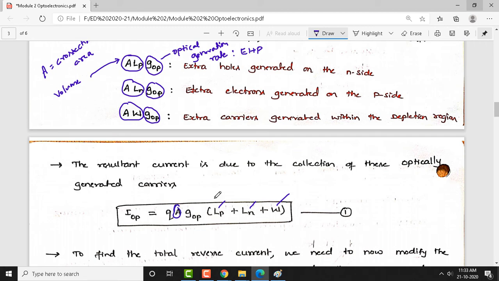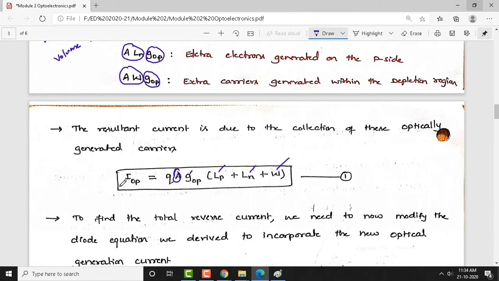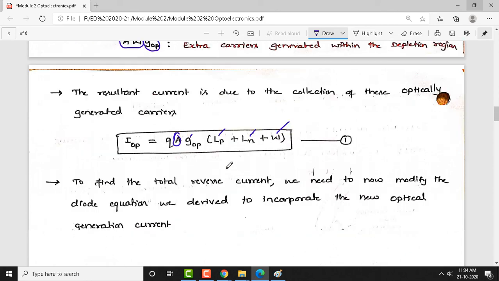You can also separate out this area: A times Lp gives you the volume in the N region. That is the cubical volume, and GOP is nothing but the optical generation rate. This total current is nothing but Q multiplied with all this volume and the optical generation rate. So, this is the total current here. This is a mathematical equation for the optical current flowing in the PN junction.